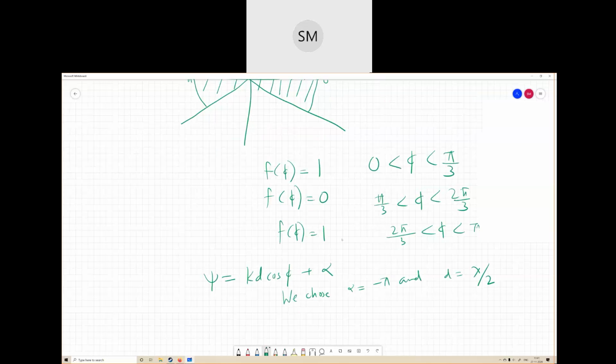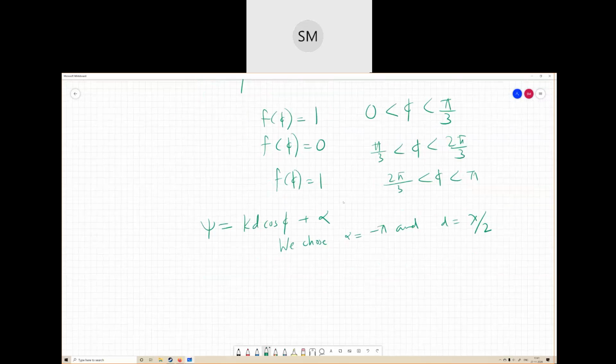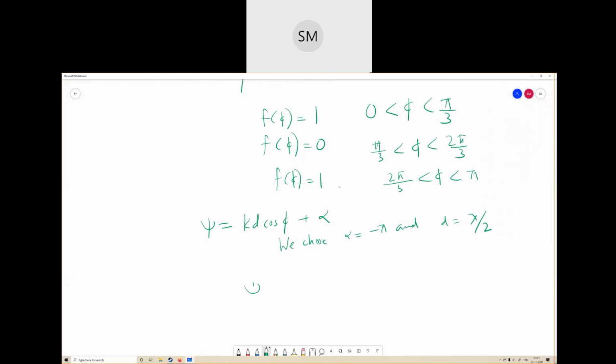So psi equals pi cos phi minus pi, or pi times cos phi minus 1. Is it okay?